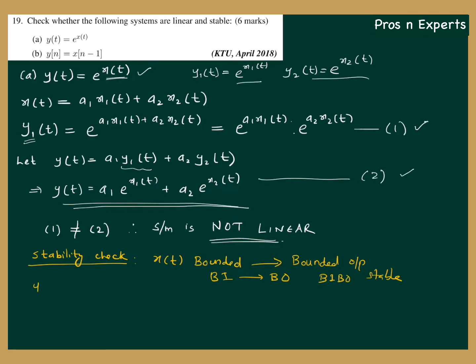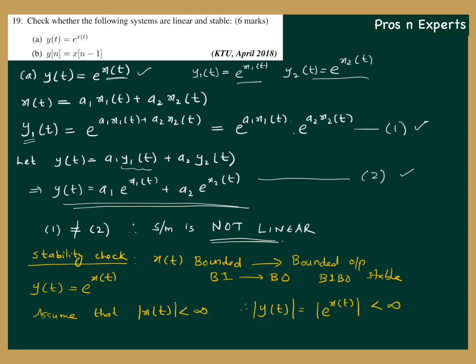So here y of t is equal to e to the power x of t. Assume that the input is bounded, mod x of t is bounded. It is not infinite. Therefore, what is y of t? Then we can say that mod y of t is equal to mod of e raised to x of t, which is also a finite value, right?